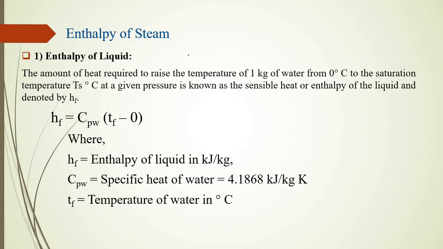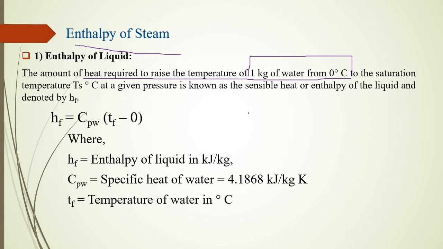Next we study the enthalpy of steam: the amount of heat required to raise the temperature of 1 kg of water from 0 centigrade. This is the main part of this definition, from 1 kg and 0 centigrade temperature, to the saturation temperature.